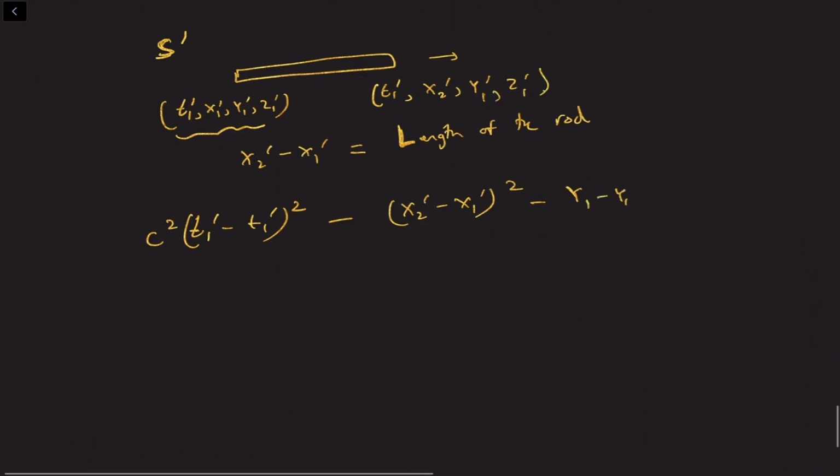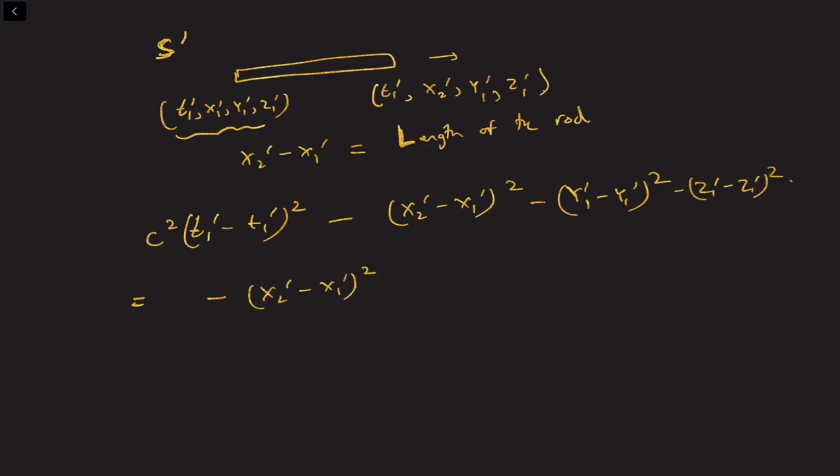So in this case, the space-time interval would just be equal to minus (x2 prime minus x1 prime) squared, which would be negative.